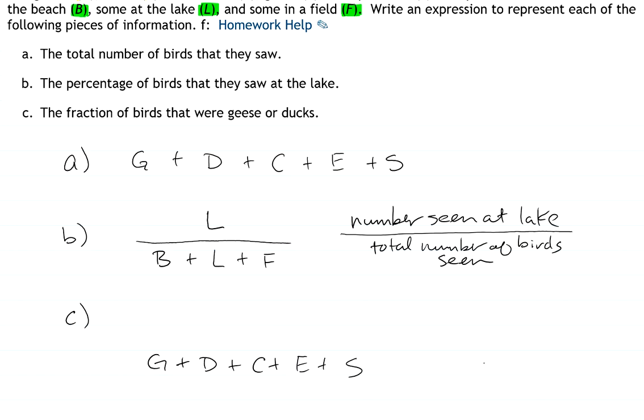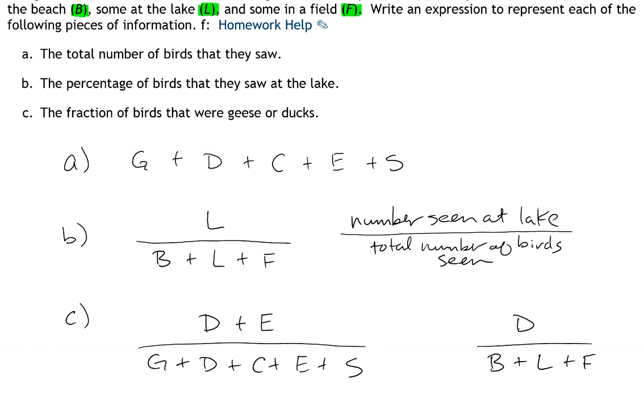But I can also write the total number of birds based on the locations, right? So we saw B at the beach, L at the lake, and F birds at the field. And we're looking at the number of ducks, which is D, or geese, E. So ducks plus geese.